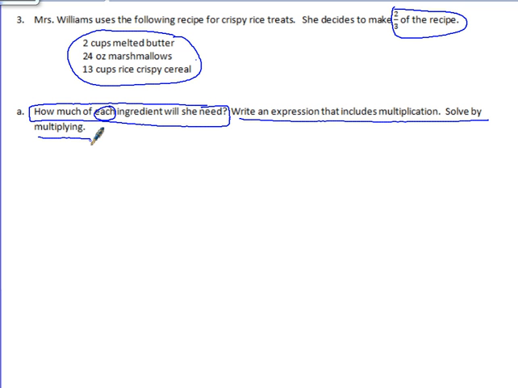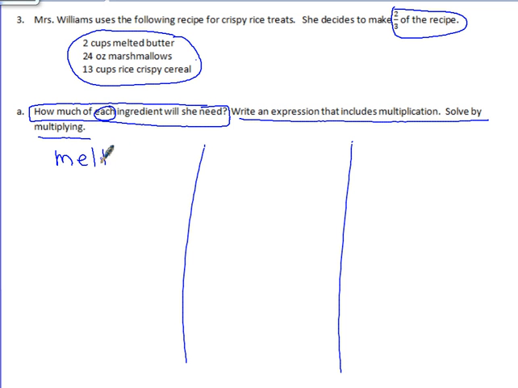So first thing I want you to do is split up your work page into 3 sections. The first section is going to be for the melted butter. The second section will be for the marshmallows. And the last section will be for the cereal.